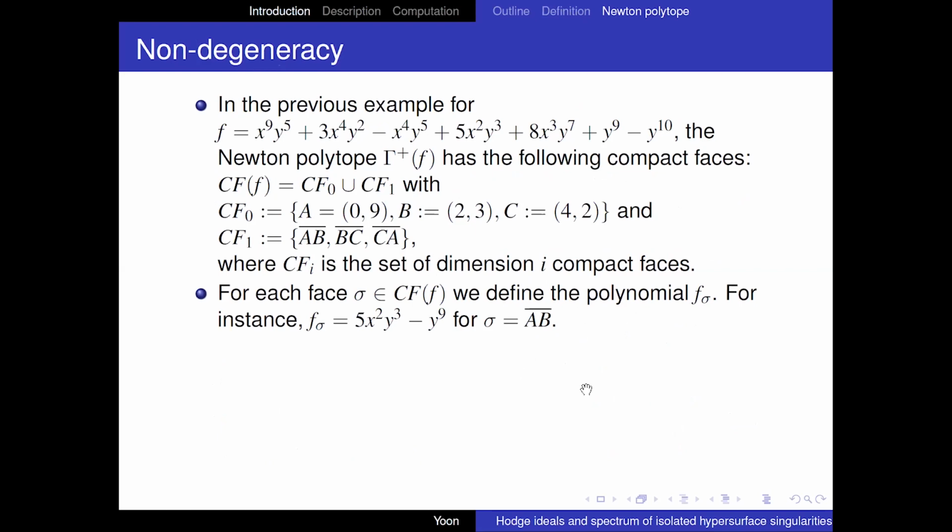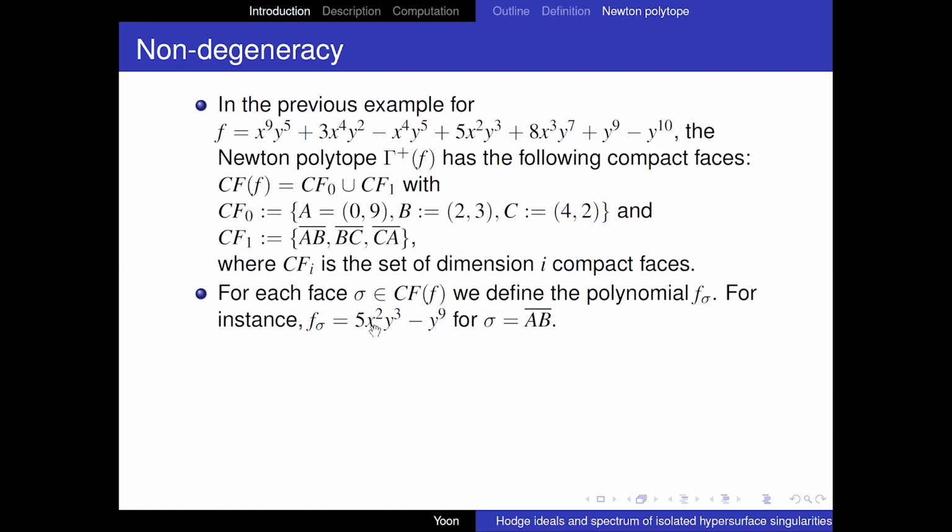And then we define some related polynomial for each face. So for instance, consider the face AB, that is (0,9) and (2,3). The corresponding polynomial is the monomials which have the same coefficients as the original one.